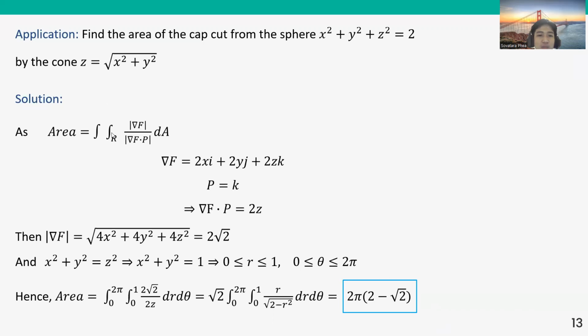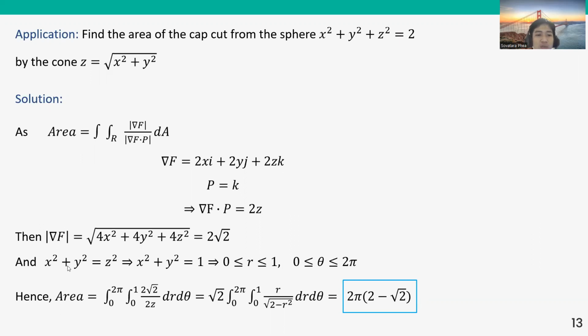So for the area, we have to find the gradient f, so we have to differentiate the sphere here. And then we have to find the gradient f scalar p. So here we have gradient f and gradient f scalar p. And then find the absolute value of gradient f. So we get 2 times square root of 2.